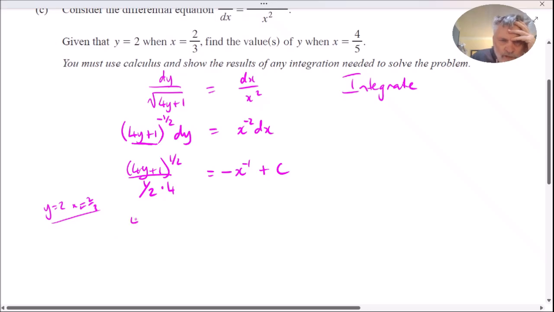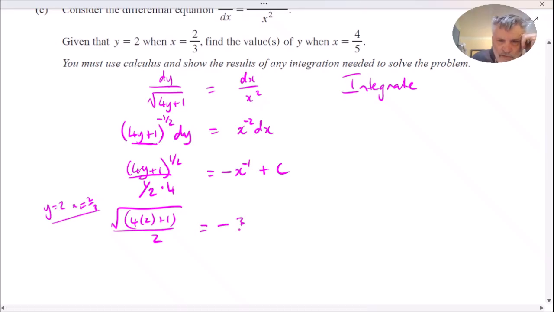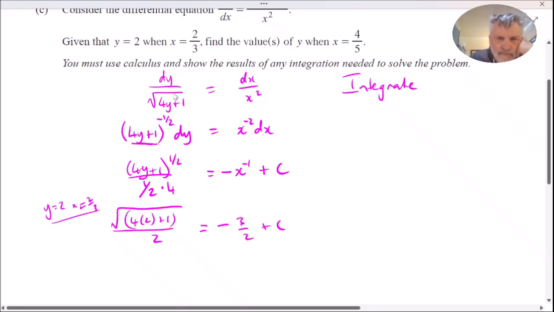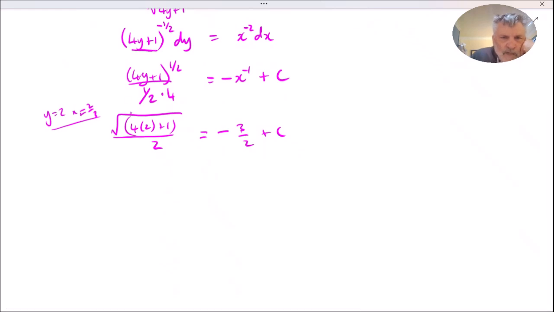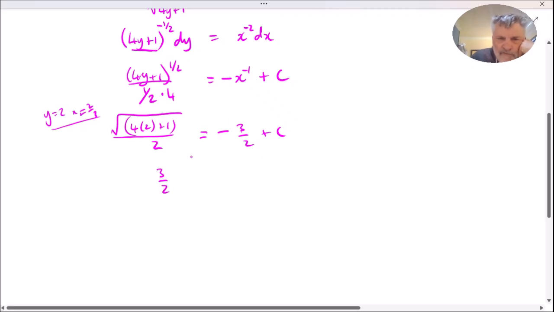We get the square root of 4 times 2 plus 1, and 4 over 2 is 2, so it's all over 2, is equal to minus the reciprocal, so minus 3 over 2, plus c. 4 2s are 8, plus 1 is 9, square root is 3, so this is 3 over 2. Shift that over, plus another 3 over 2 equals c, so therefore c is equal to 3.